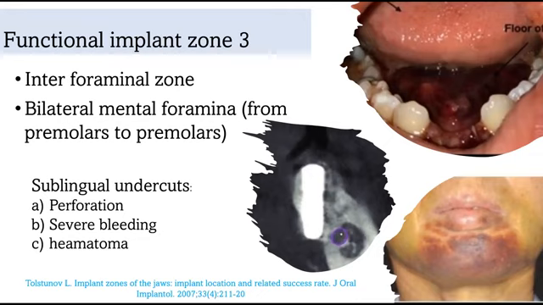If the alveolar ridge is not properly evaluated preoperatively, there's a possibility of perforating the lingual cortex, which can lead to severe bleeding and the formation of an expanded sublingual hematoma, which can become life-threatening and fatal in some cases, and it can also lead to symphyseal ecchymosis.